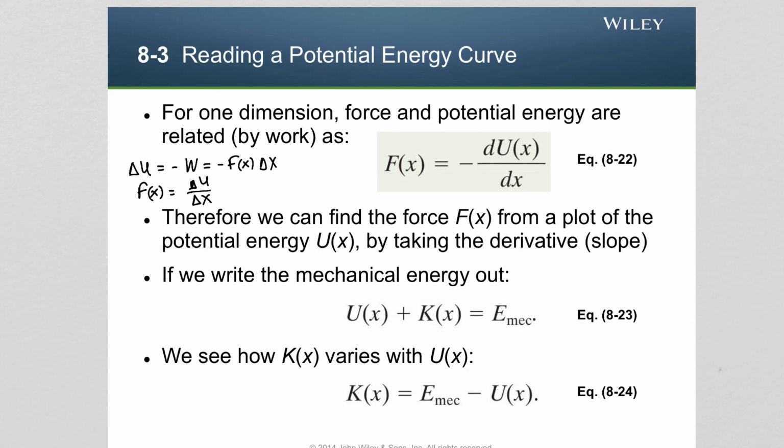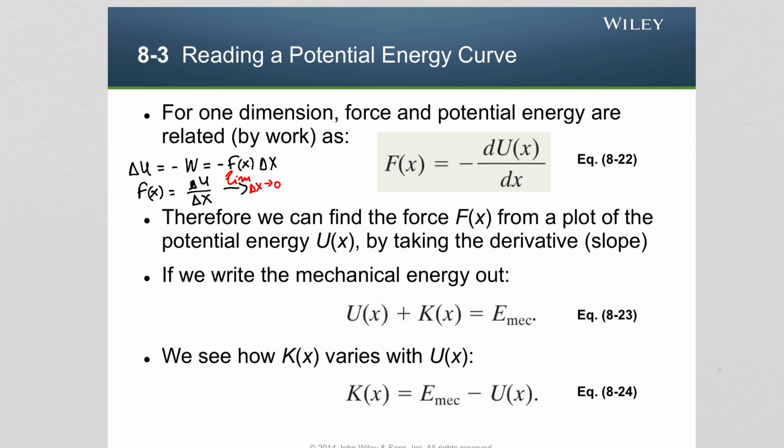Now, if I want to calculate the force at any particular position, not in between like a position range, I have to take a limit when delta x approaches 0.